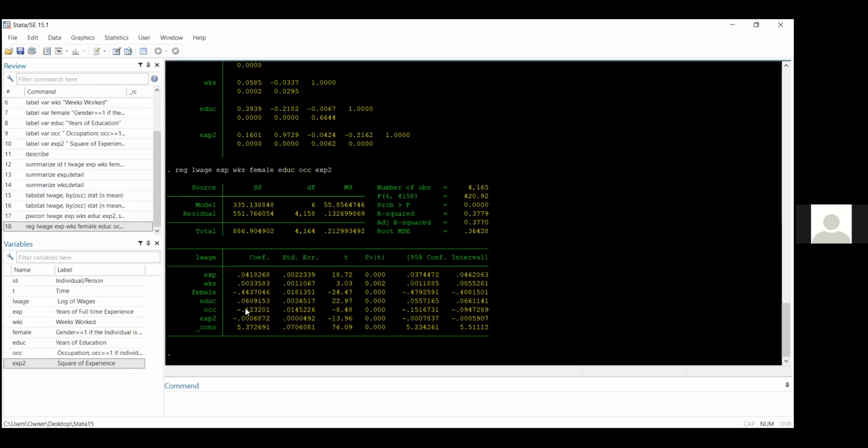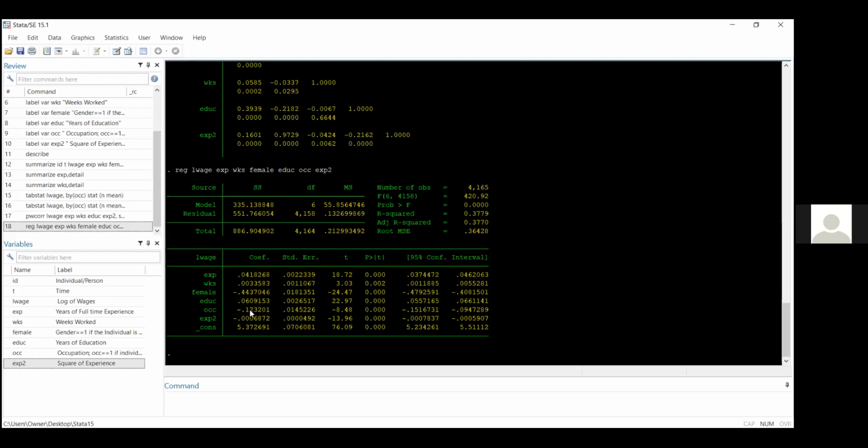For occupation, you're also seeing a negative. It is also a dummy variable and it is significant. Which means that relative to those who are in non-blue collar occupations, individuals employed in blue collar occupations are associated with a decrease in wages by 0.12%.